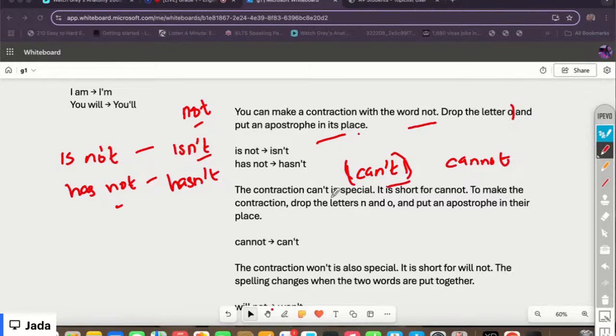To make the contraction, you have to drop the letters N and O. So that's why it says that can't is very special, because usually for not you only remove the O. But when it comes to cannot, you're removing one of the N's and then the O, and putting an apostrophe in their place. So it becomes can't. Usually for other contractions, it's only the O that is removed, but for cannot it is special, so you have to make sure that you remove that. Okay?